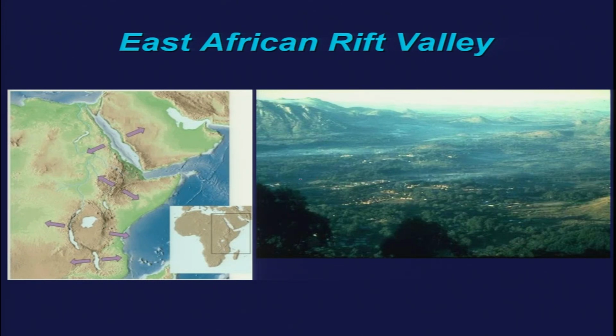So this portion is one of the active rift valleys where two blocks of the plates are moving away from each other. And this is located over here. So this is your African plate, and the rift valley is located exactly over here. That is your East African rift valley, and this is the aerial photograph of that.